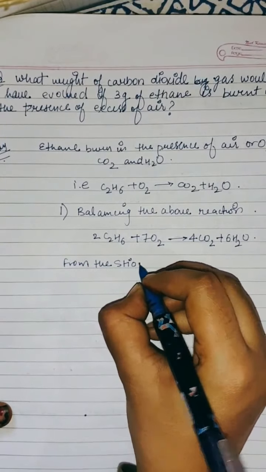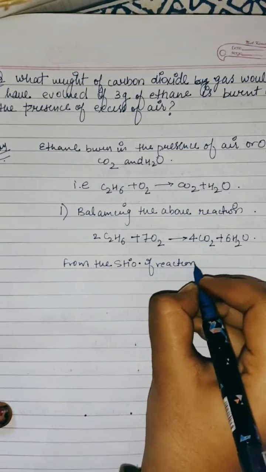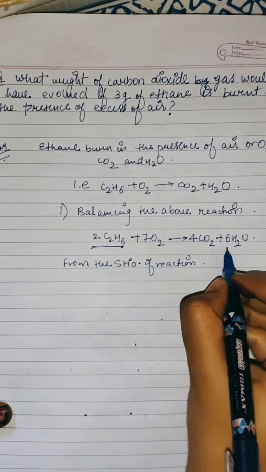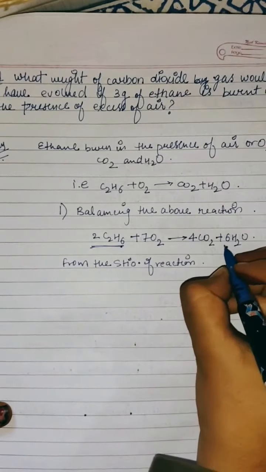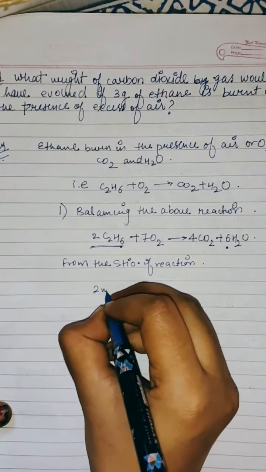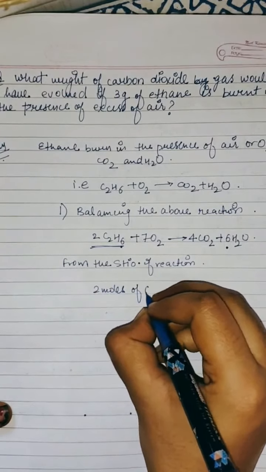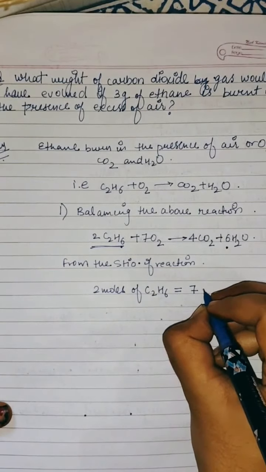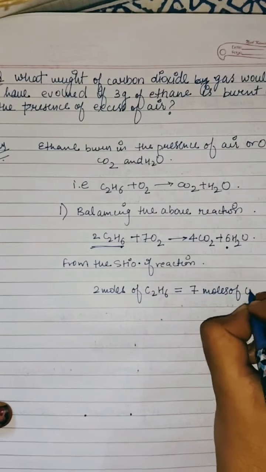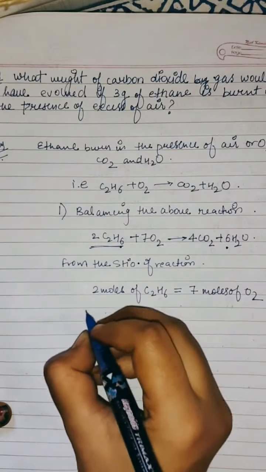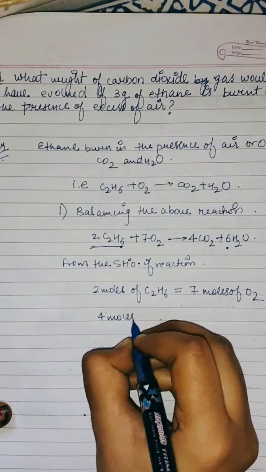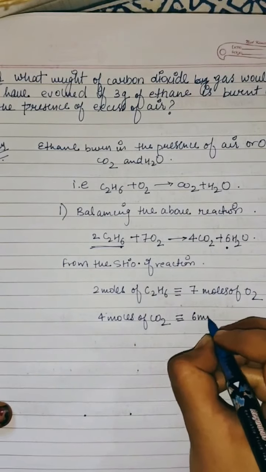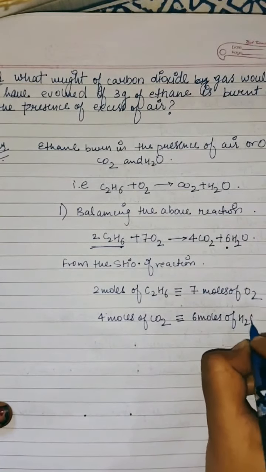From the stoichiometry of the reaction, we have 2 moles of C2H6 equal to 7 moles of O2, and 4 moles of carbon dioxide equal to 6 moles of H2O.